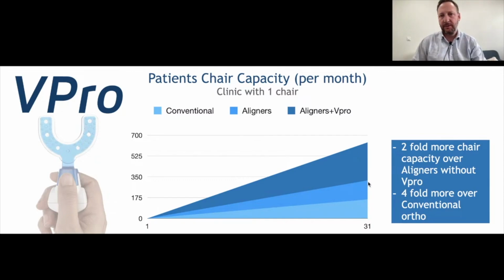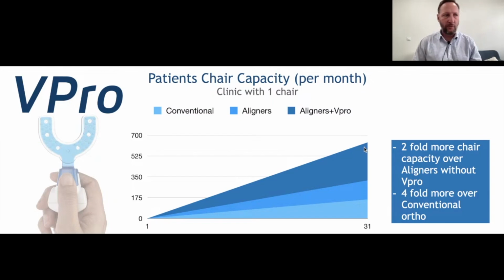With aligners, what we need to do in the chair with the patient in my office is much more simple. So I could double my capacity, with faster appointments and fewer urgencies. And with the effect of adding the Vipro and reducing by half the amount of time and the visits, I could double the capacity of my clinic again.